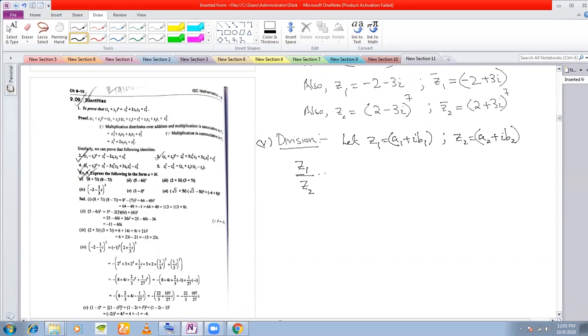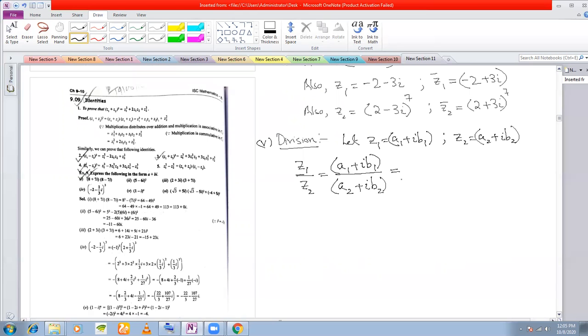Now, this process is very important, so please take note of this process, because you will be carrying out this process with normal imaginary complex numbers also. So you have z1 by z2 is equal to a1 plus i b1 by a2 plus i b2.